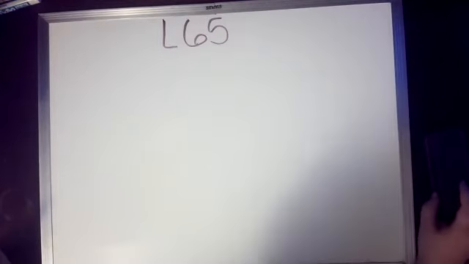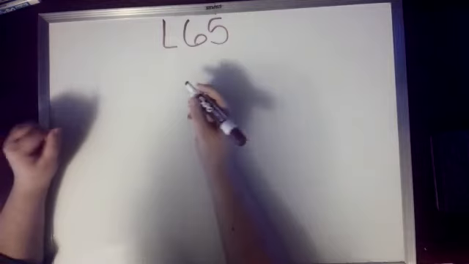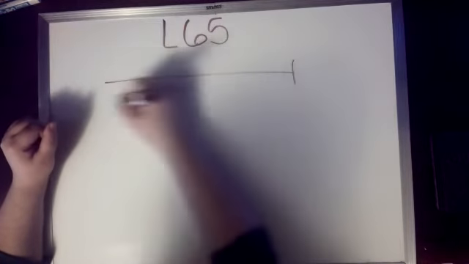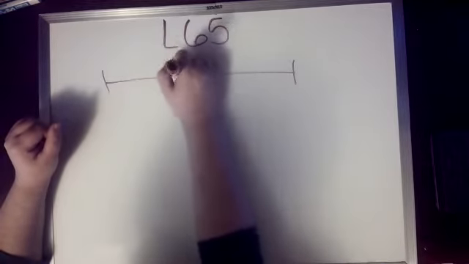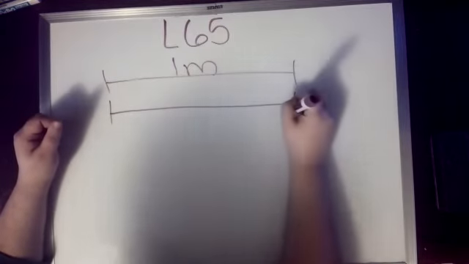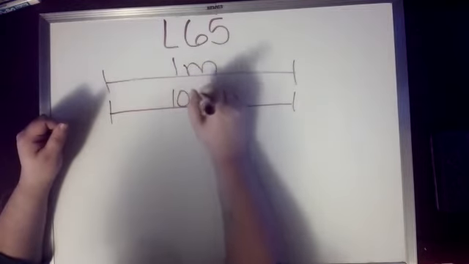All right, so this is lesson 65 for Saxon 5 math. This is going to be looking at decimeters, meters, centimeters, and millimeters. So if you have 1 meter, 1 meter is equal to 10 decimeters.